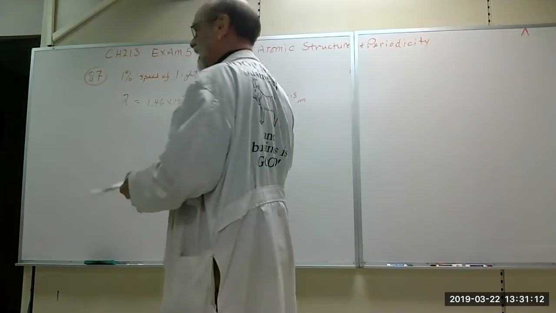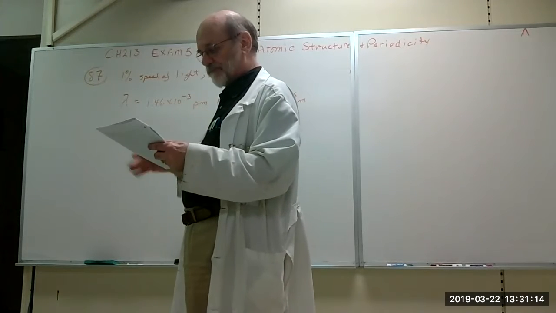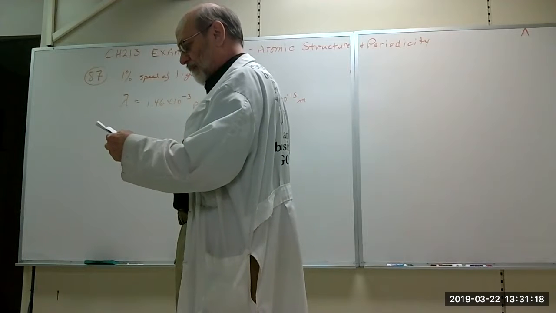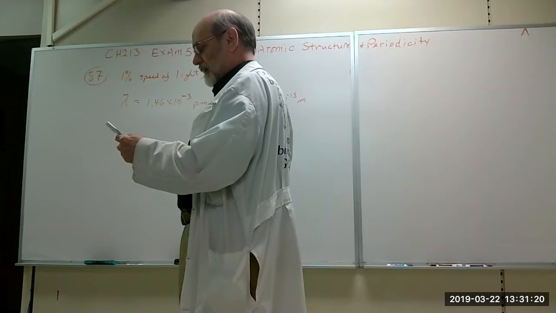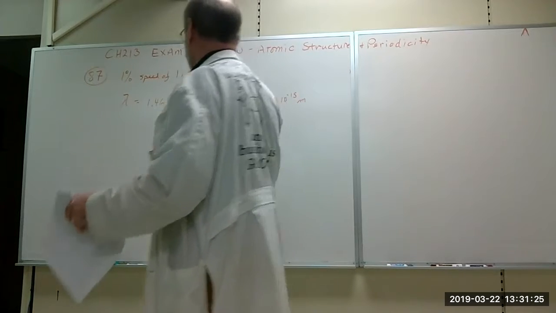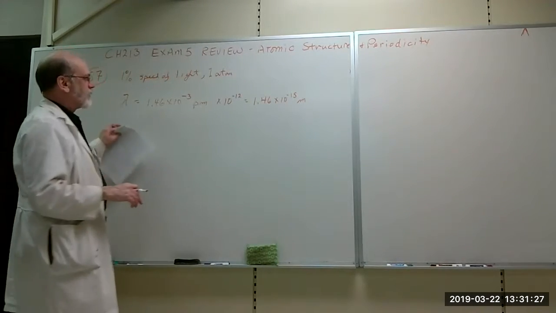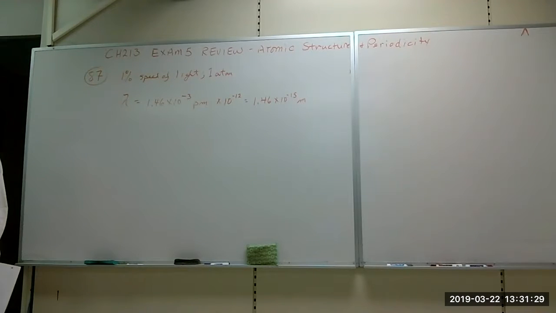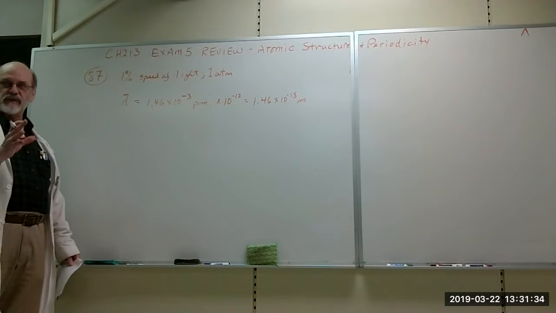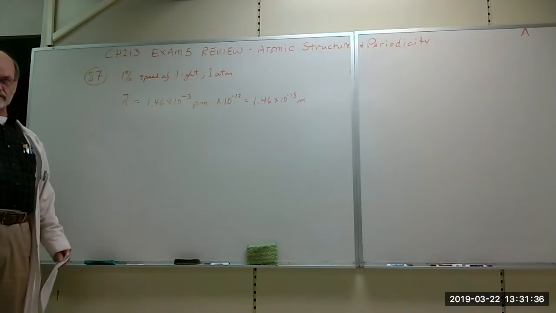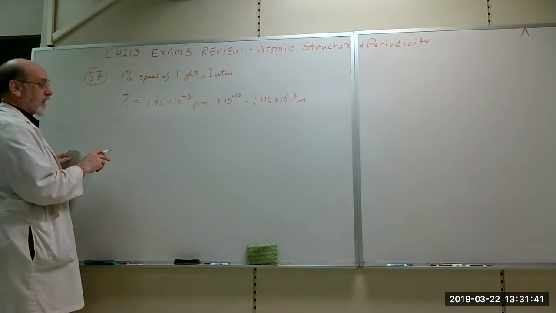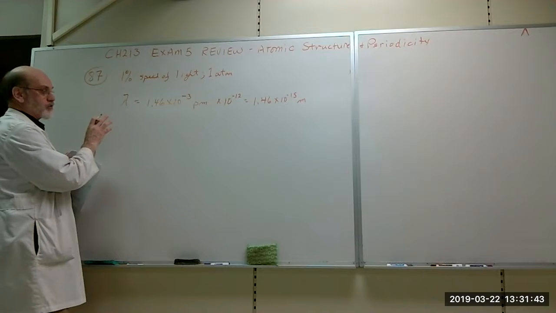So this atom has a wavelength as it's moving. You know how fast it's moving. But in order to make the conversion, we need to be able to tell how much mass that atom has. The mass and the speed will give us the information we need. So we know how to calculate the energy.